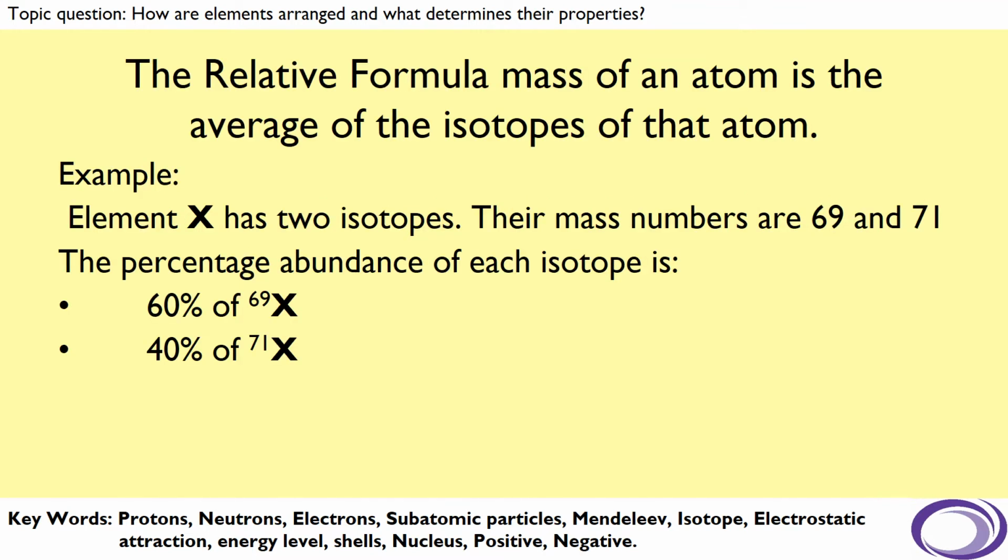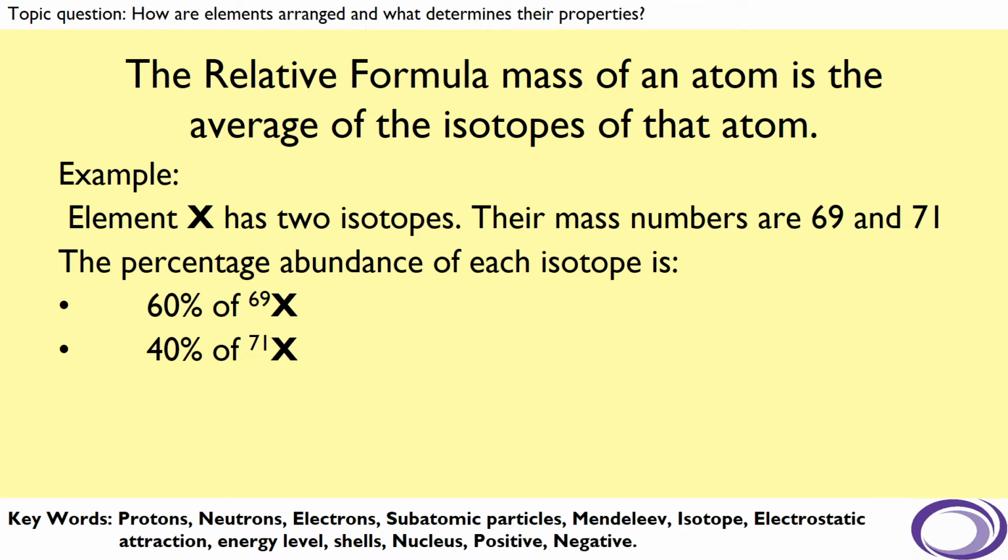In this example, element X has 2 isotopes, and you are given their 2 different mass numbers and their percentage abundance. So 60% of element X has a mass of 69, and 40% of element X has a mass of 71.